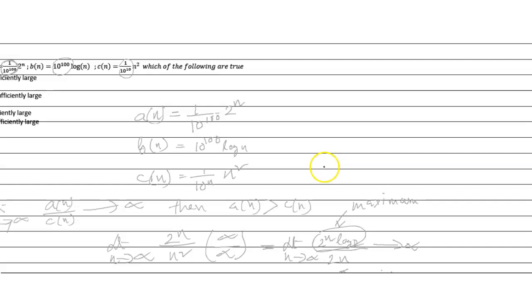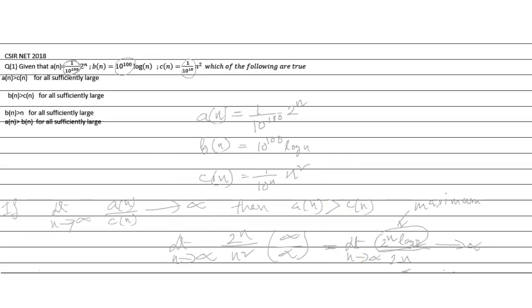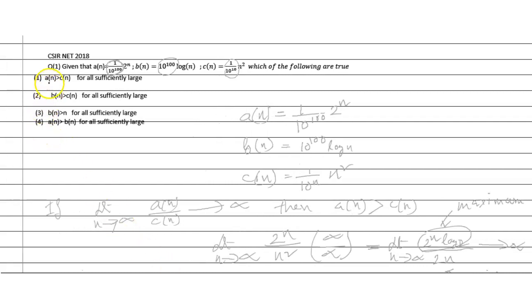So according to the question, we get an greater than cn for all sufficiently large n. This statement is correct because an by cn tends to infinity.